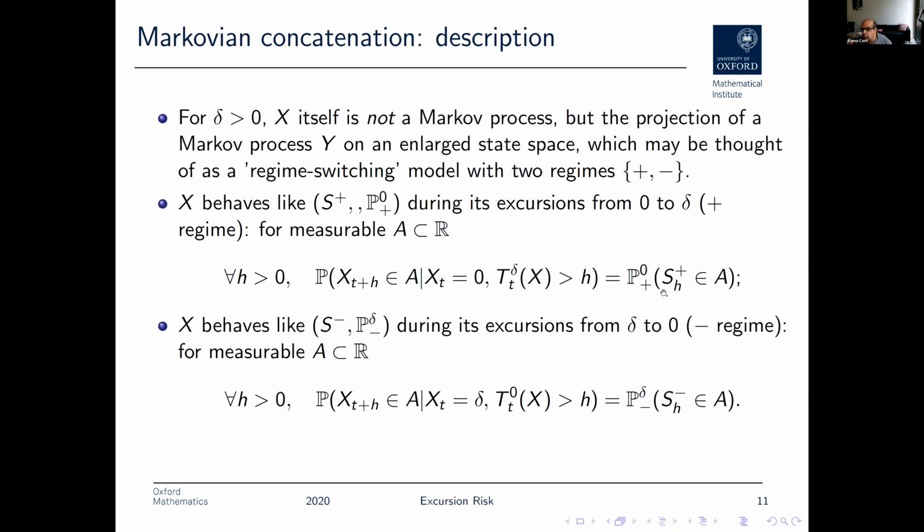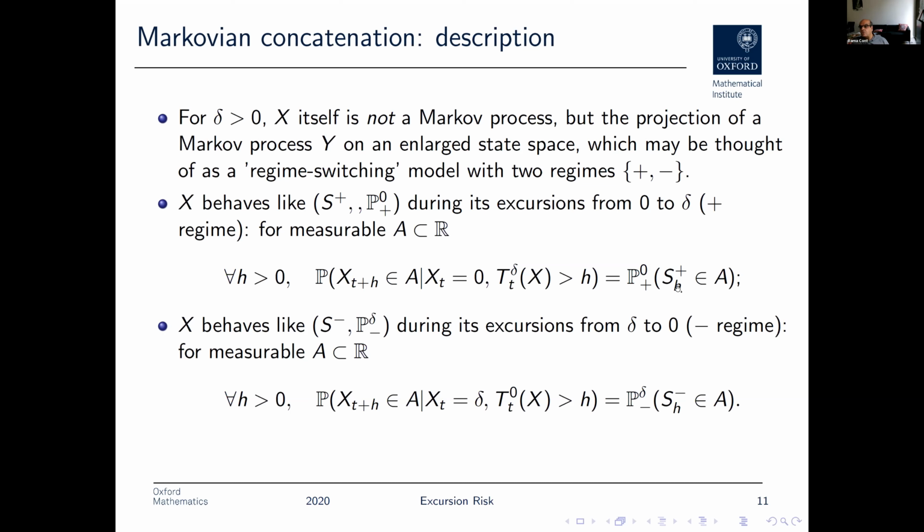So as long as I have a model with explicit transition probabilities for S plus and S minus, the building blocks, then I can simulate them, or I can compute with them whatever I want, even though X has very complicated, asymmetric excursions, non-Markov, whatever. It doesn't matter, because every computation or simulation is split into steps which involve only the building blocks S plus and S minus.